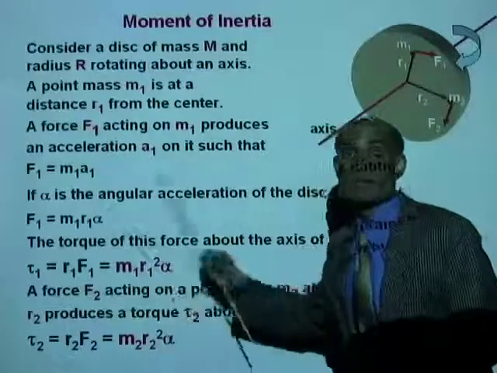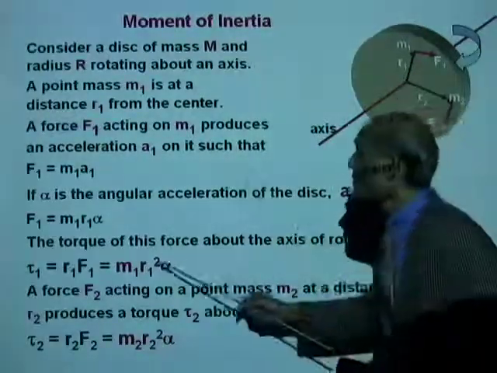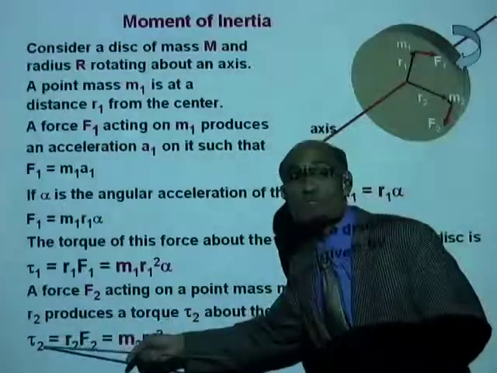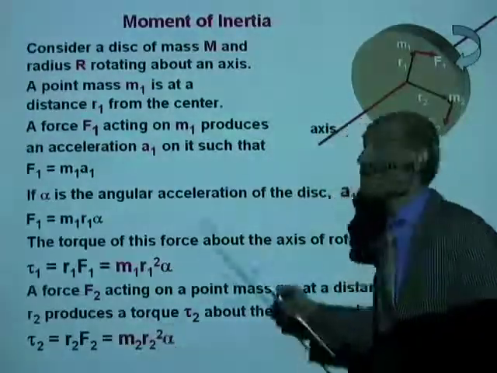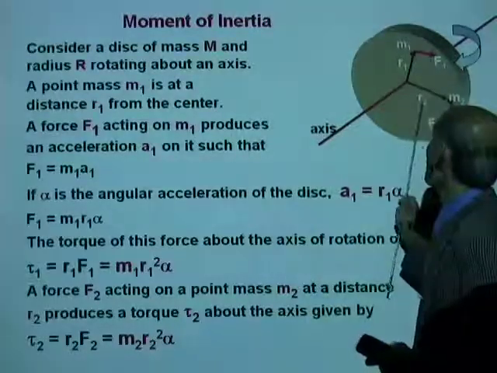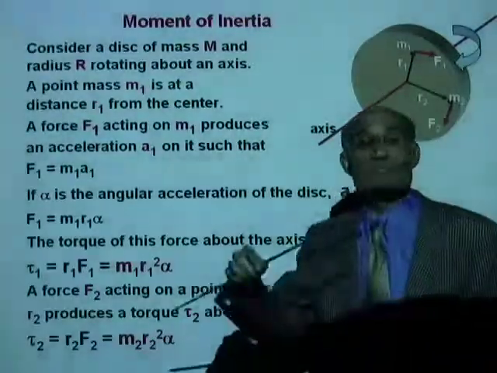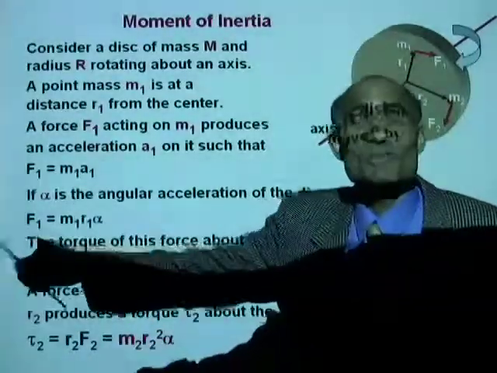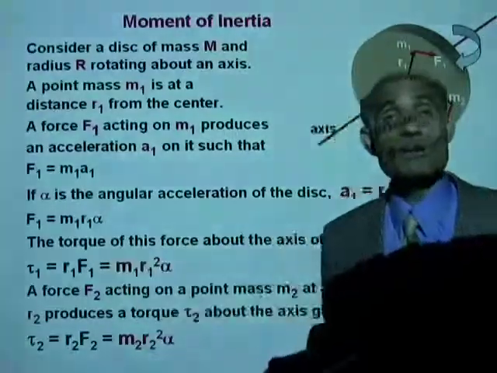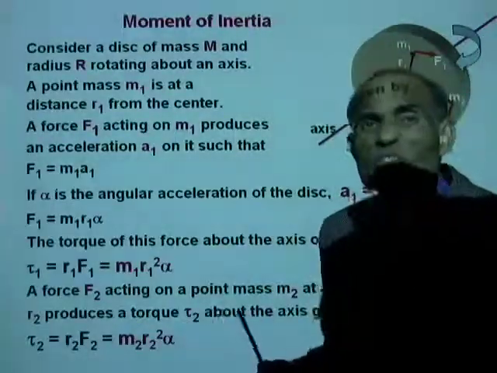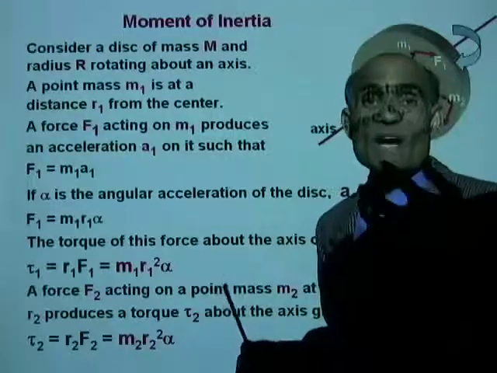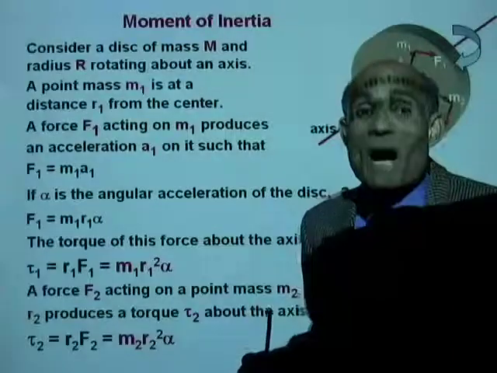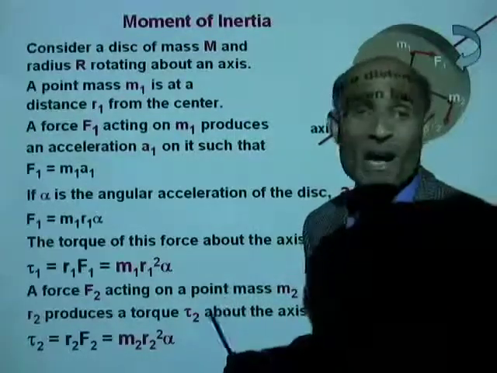So tau 1, the torque on the first particle, is m1 r1 squared alpha. Tau 2, the torque on the second particle, is m2 r2 squared alpha. The torque on a third particle will be m3 r3 squared alpha, and so on. If you now take an ith particle, or nth particle, the torque will be mi ri squared alpha.